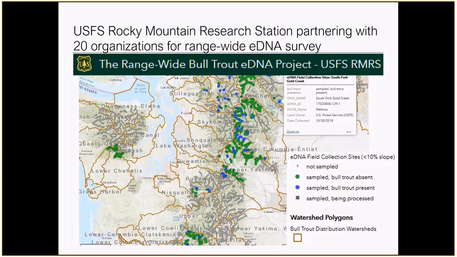So they're partnering with 20 different organizations to go out and collect samples and determine if bull trout is present or absent. You can go online and interact with this website and look at different regions. But for species where we don't have a lot of information about them and where they occur, something like this could potentially be beneficial, and we may not be there yet.